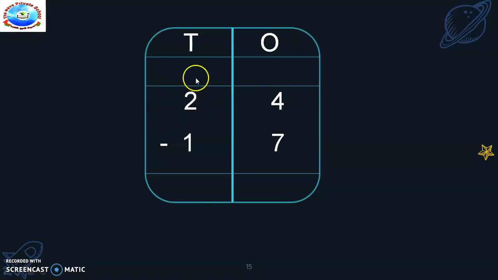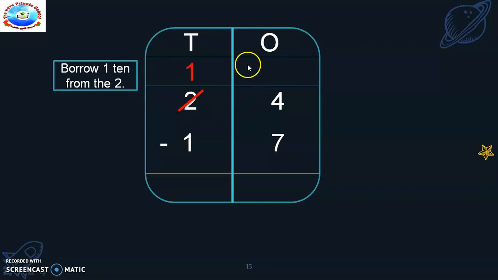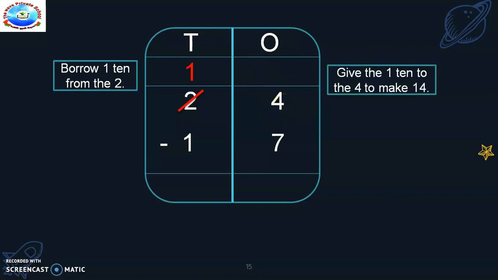In the tens column, we have two tens. Take 1 ten from the two tens. It becomes 1 ten. Write it in the tens column. Give the 1 ten we take from here to the number 4. That is 1 ten plus 4, that is 10 plus 4 equals 14. Write it in the ones column.